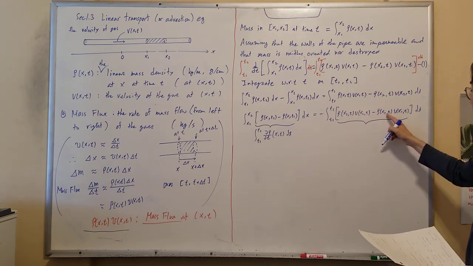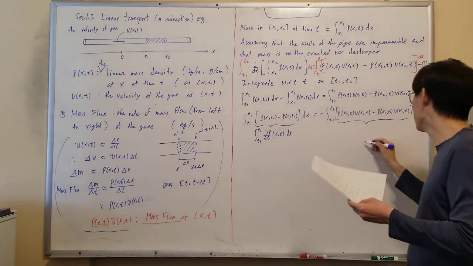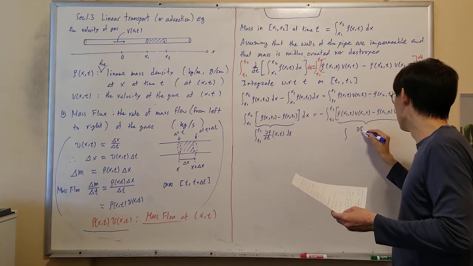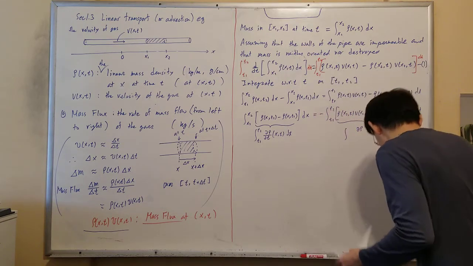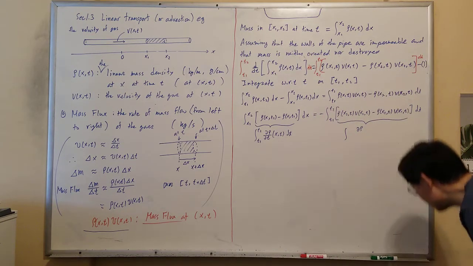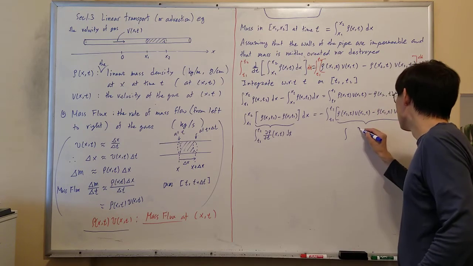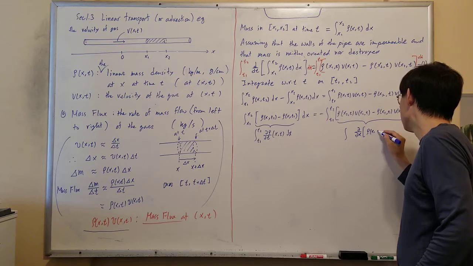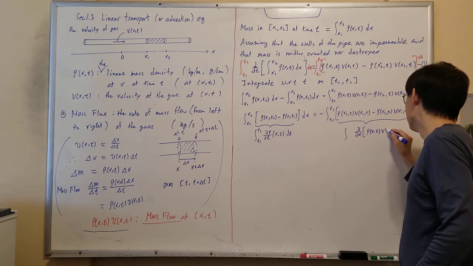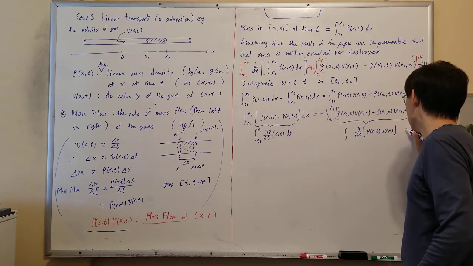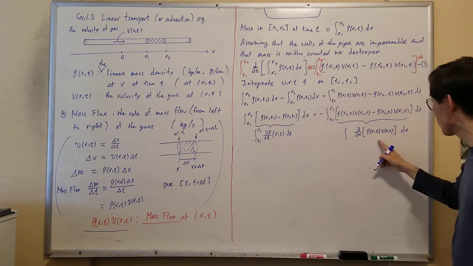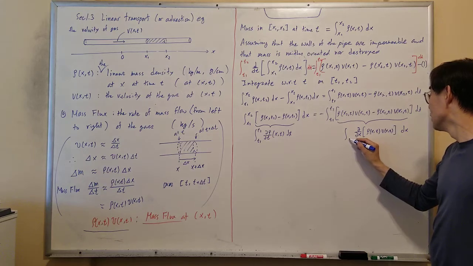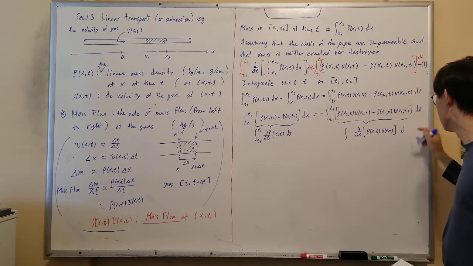And this one, same thing, x2 and x1, so you could write this one as the integral of the partial with respect to x of rho(x, t) v(x, t), x partial of this quantity and x partial integral from x1 to x2, right?